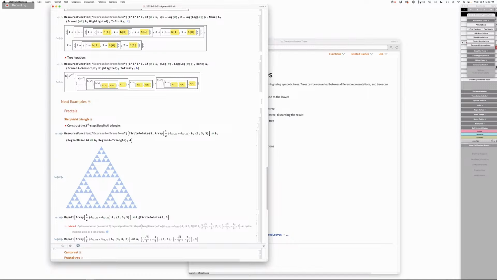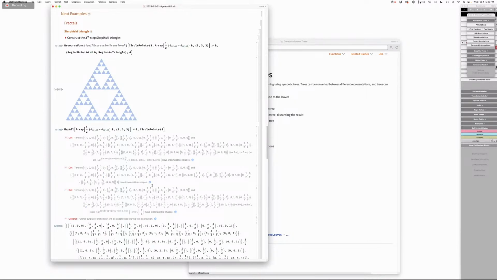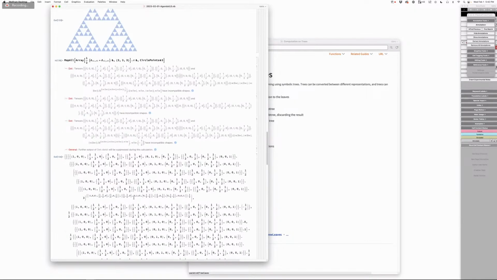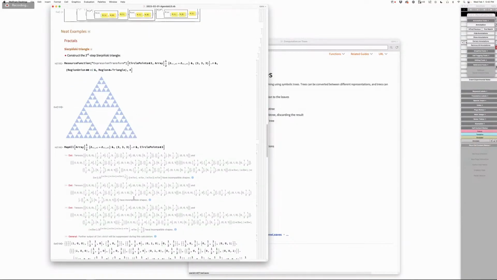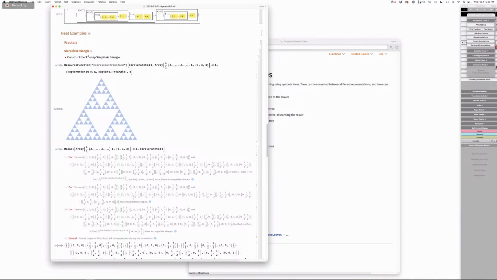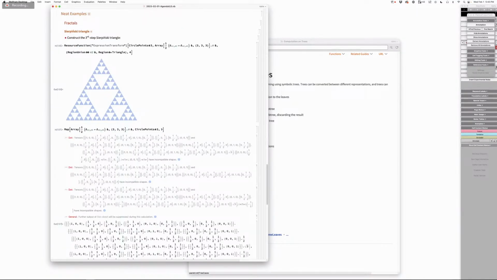What is the third argument? There's no third argument to map all. Map all doesn't need a level spec. It has an implicit level spec. Map all has an expression already. This is building an implicit expression that never gets evaluated except for the explicit ascending operators that you give it.